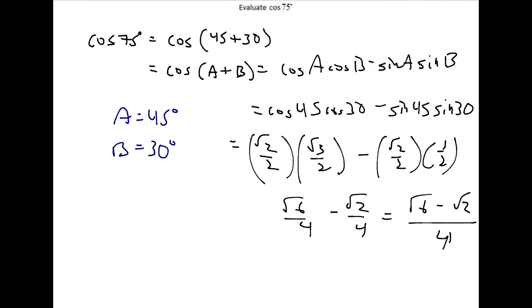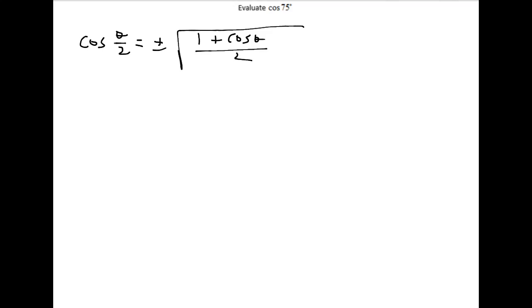But we can also find this value using the half angle formula for cosine. We know that the cosine of theta over 2 is equal to plus or minus the square root of 1 plus cosine of theta, all over 2.